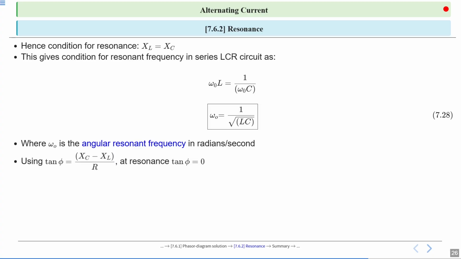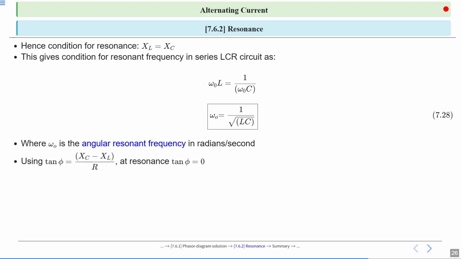Using tan phi, which is equal to (Xc minus XL) upon R, at resonance tan phi is equal to 0. Why is tan phi equal to 0? Because Xc is equal to XL, so tan phi equals 0. That means phi is also 0. That means the circuit starts to behave like a purely resistive circuit because the phase angle becomes 0. Okay.